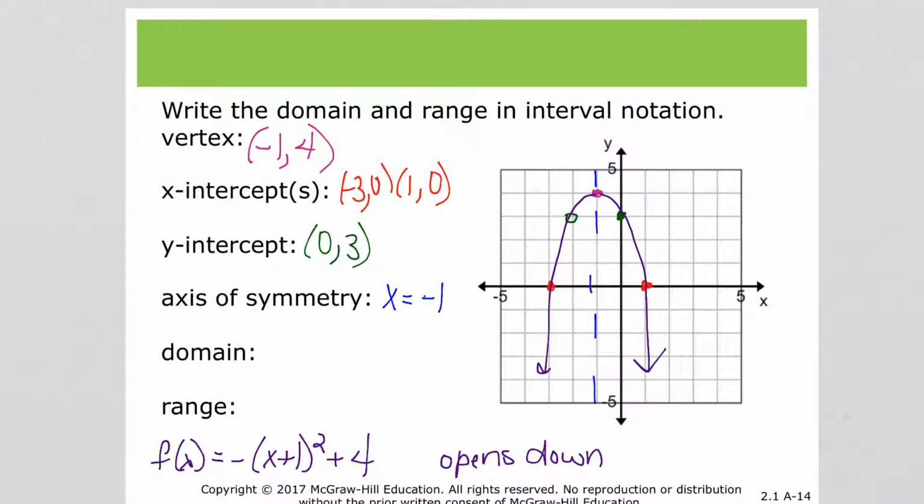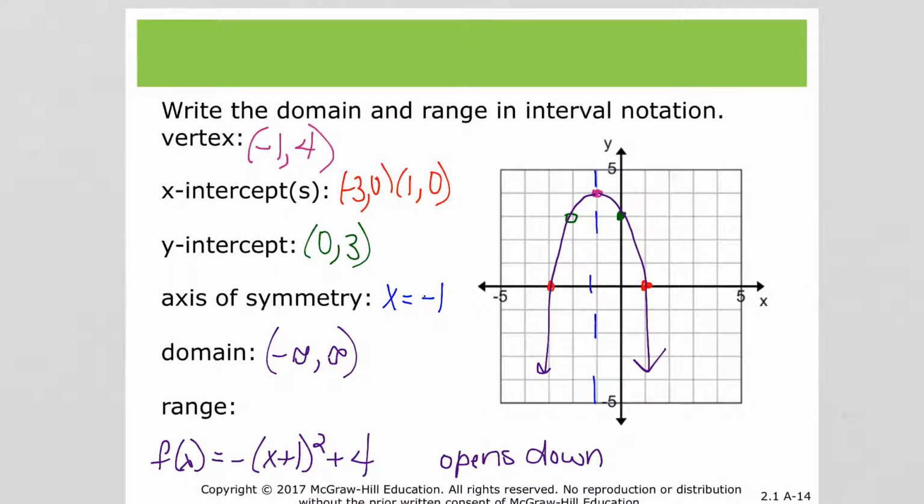It asks us two more questions. It asks us, what is the domain? Well, the domain of a parabola in any case is -infinity to infinity, because it does go along the x-axis to negative and positive infinity.